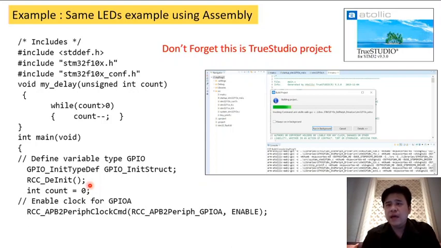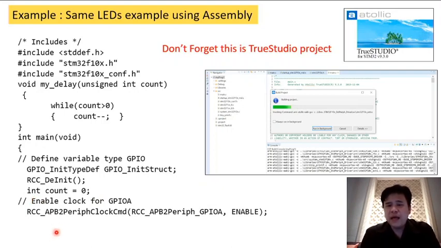It means that right now your CPU will use the HSI oscillator inside your CPU, and the system frequency will be 8 megahertz. You don't use the PLL for boot up speed or anything. Okay, so we just do one more declaration: we declare count equal to 0 as an integer.